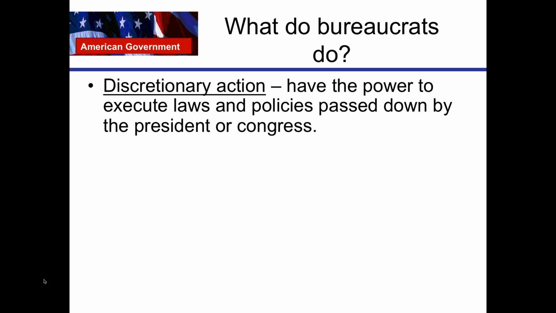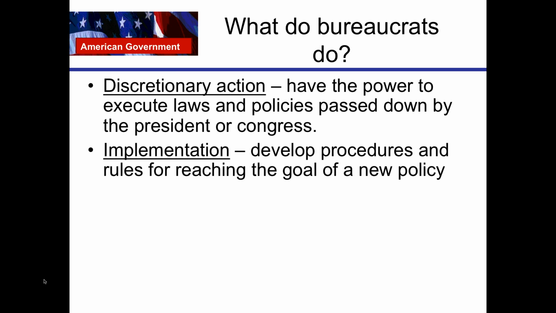Ultimately, it is the job of the president to enforce it through the help of this discretionary action of the bureaucrats, because they are going to be the ones ultimately who are on the street level interacting with people and are going to make decisions on how the law is going to be implemented, which gets to our next point, which is implementation.